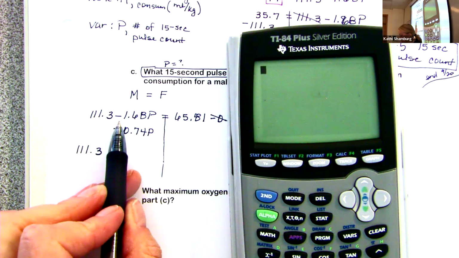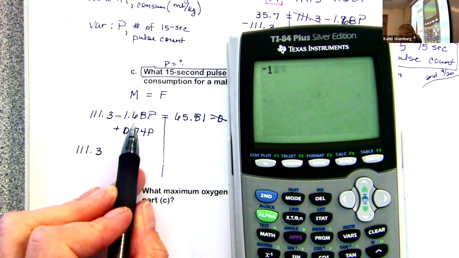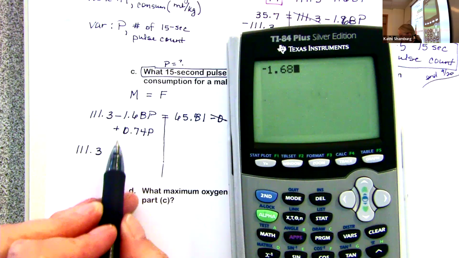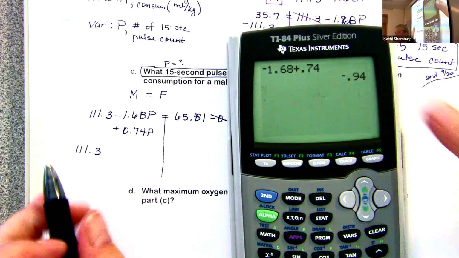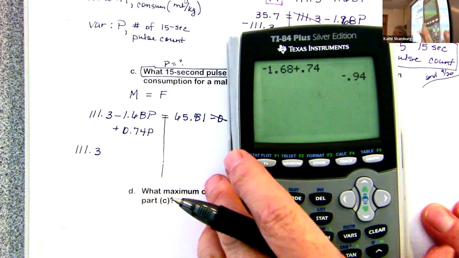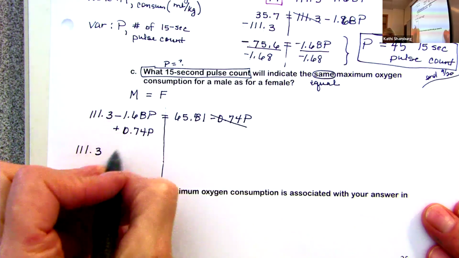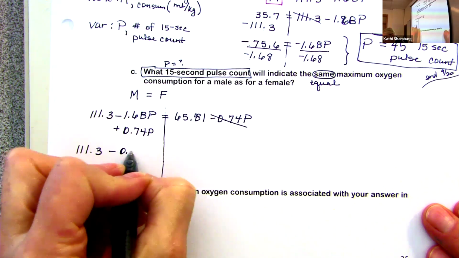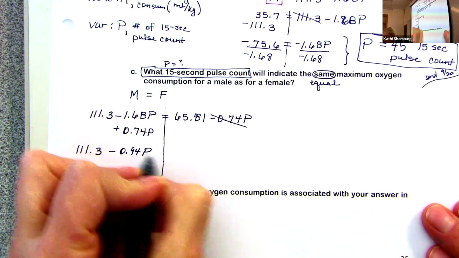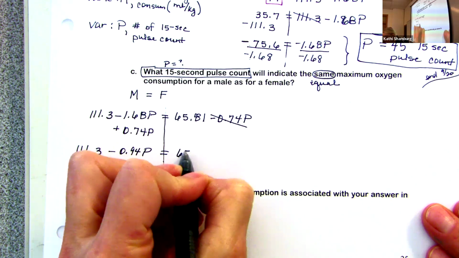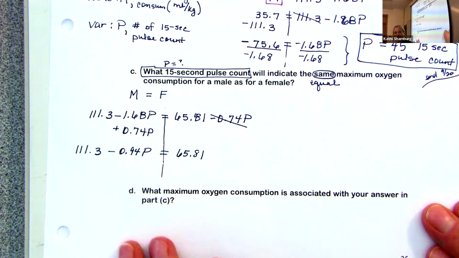So I'm just going to put in negative 1.68, and I'm going to add that to 0.74 to see what I would get when I combine those, and I get negative 0.94. So this would be minus 0.94P equals, and we're left with 65.81.